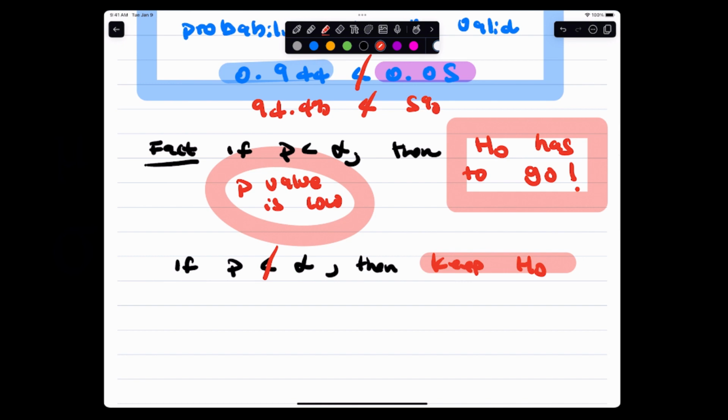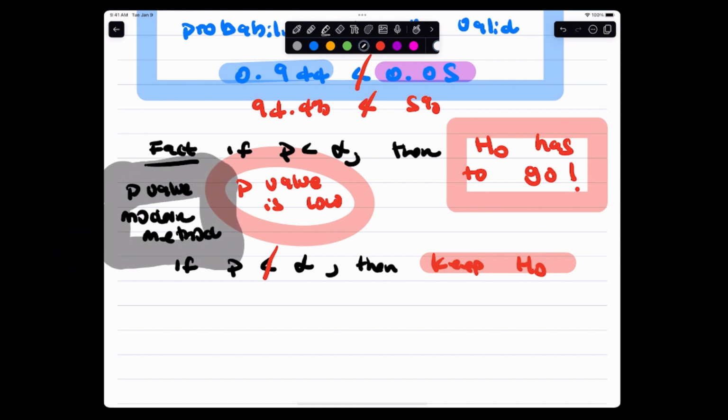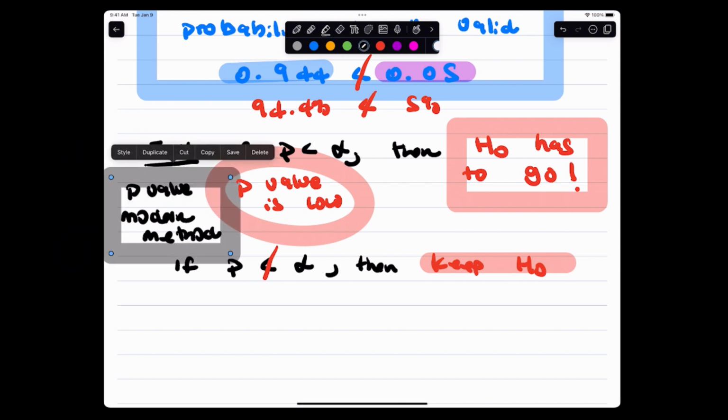This is the p-value method, ladies and gentlemen. This is that modern method we're talking about. P-value or modern method. You keep the null.